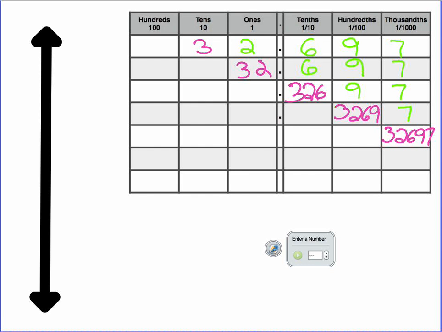You know, if I had a number like 45 and 9/10, actually, let me add a number to that. $9,500.